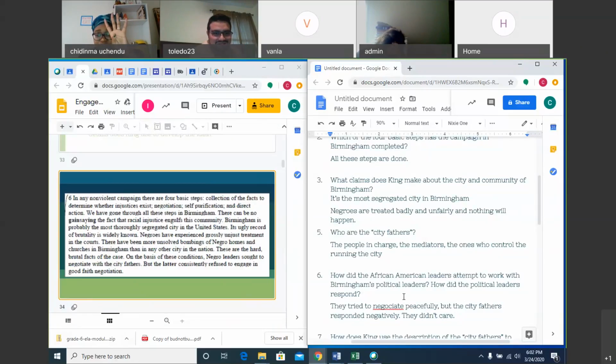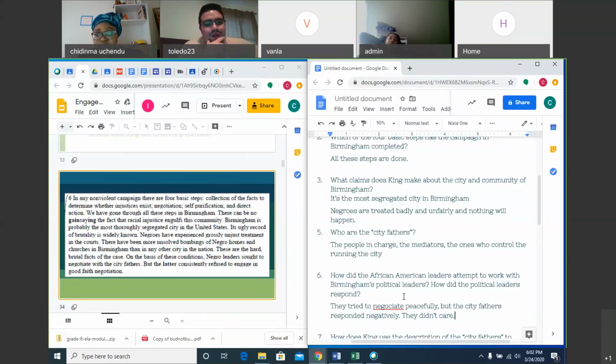So Iris, remember there are 4 stages in a nonviolent campaign, and nonviolent means peaceful, when you're trying to solve something peacefully. Go ahead and explain those 4 stages to us again. Okay. You say 4 stages is the same 4 basic steps, right? Yeah. The collection of the facts to determine whether injustice exists. The first one. You're explaining all of them again so they can understand the process.